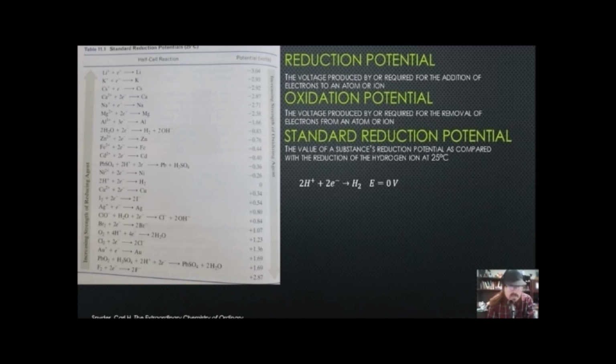Very similar to acids and bases again. So with a large concentrated acid, it means we'd have less base present. So a large reduction potential means a low oxidation potential. And in the next minute, we're going to look at a couple examples of how you could actually calculate this using the tabulation.